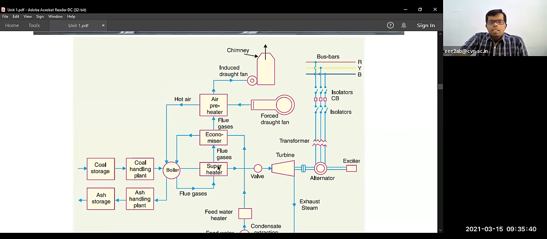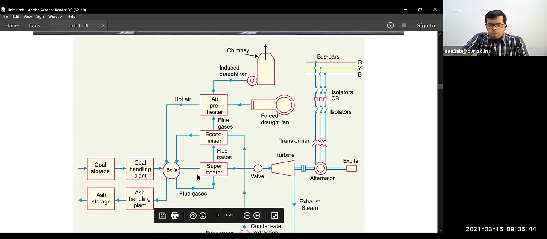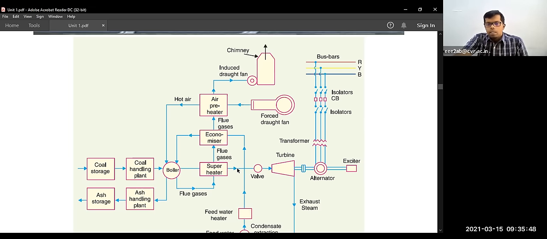Here, the superheated steam will be generated, and it is going to the valve. I already said what the usage of the valve is: it depends on the demand.